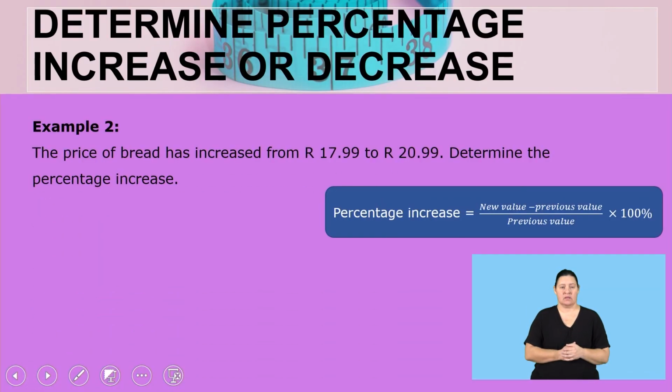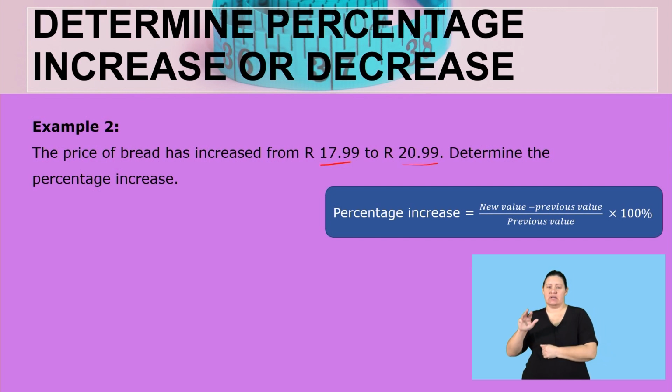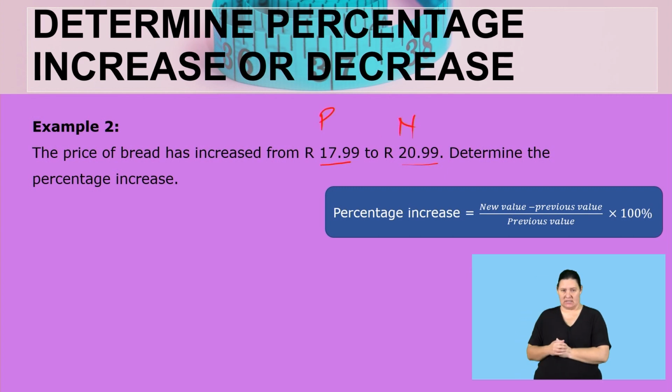Let us then take the second example. The price of bread has increased from 17 Rand 99 to 20 Rand 99. I hope you can see that this is the previous price, this is the new price. What is key as you are calculating is that you must be able to identify the previous and the new one. Reading your context and understanding your context is very basic when we do this.